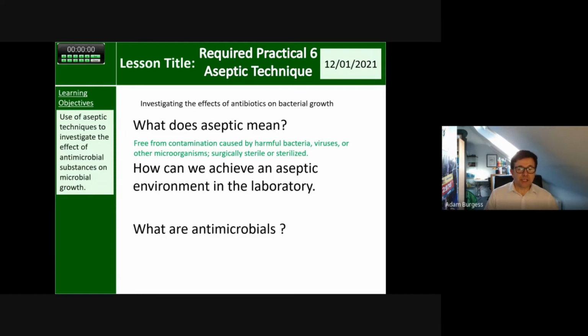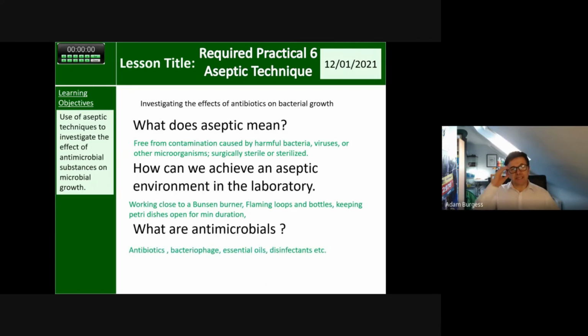So we can achieve an aseptic environment in the laboratory. We're going to learn about this. You can work close to a Bunsen burner using flaming loops and bottles, keeping Petri dishes open for a minimum duration. The antimicrobials that you would be studying are things like antibiotics, bacteriophages, essential oils, disinfectants, bleach even.